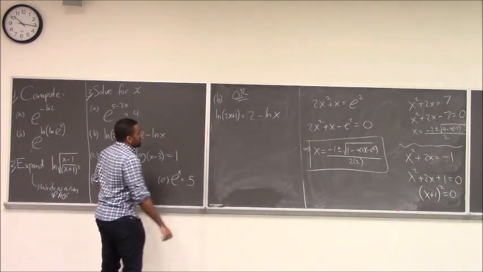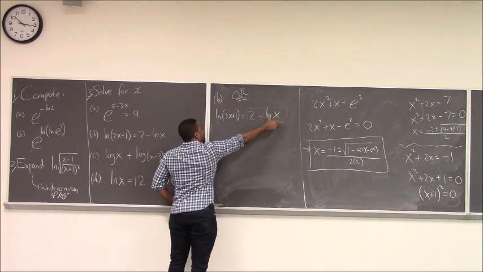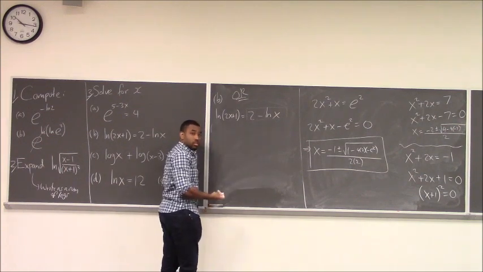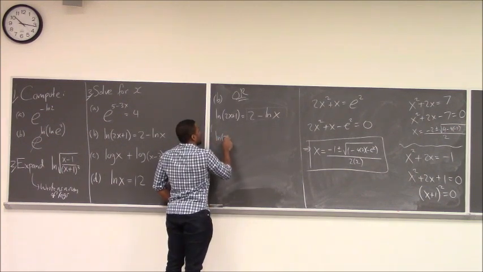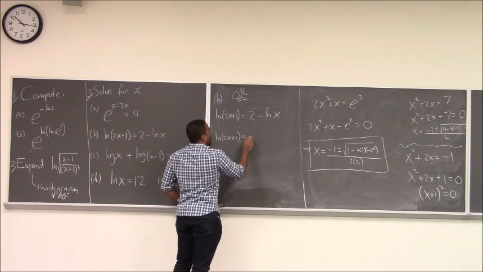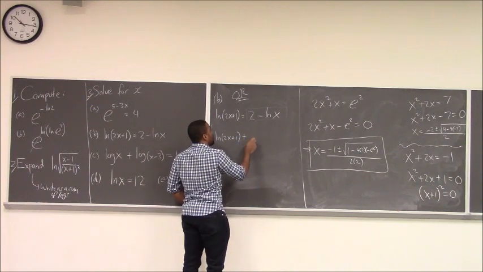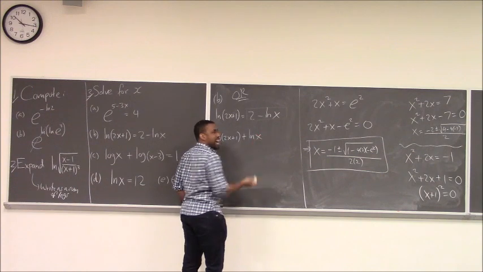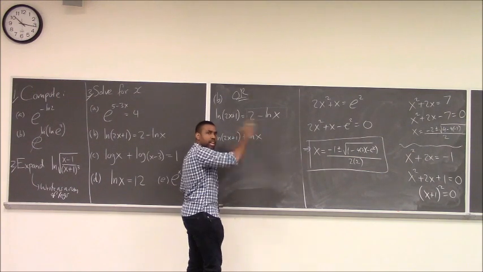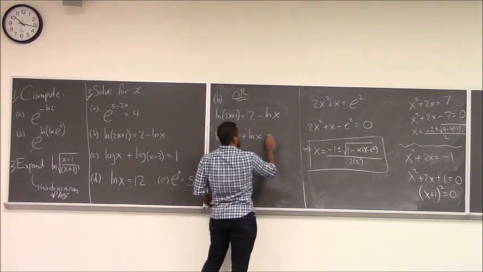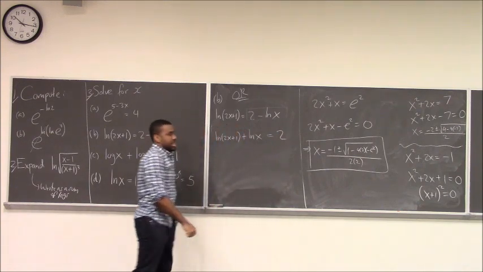So one thing you could have done is brought the ln to the other side, because of one of our algebra principles: if you want to solve for a variable, you isolate the variable, so you want to get everything with the x on one side. That would probably be a nice thing to do.